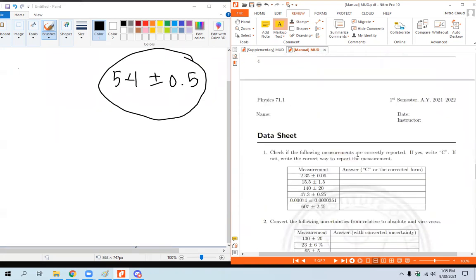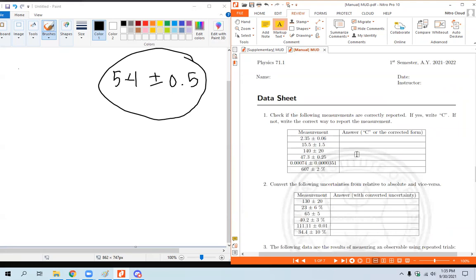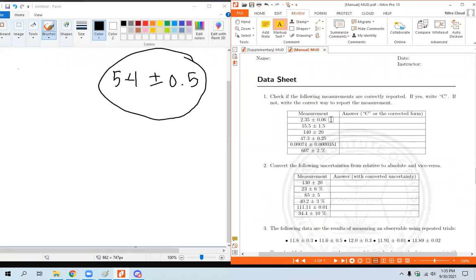So let's look briefly at your data sheets and questions. So ang experiment na ito, most of the rest of the time, you will be answering these as a group using the communication channels that are most convenient to you. Ngayon, first, may isang table tayo dito na titingnan ninyo if these uncertainty measurements are represented correctly or not using significant figures and yung two rules na diniscuss ko earlier.